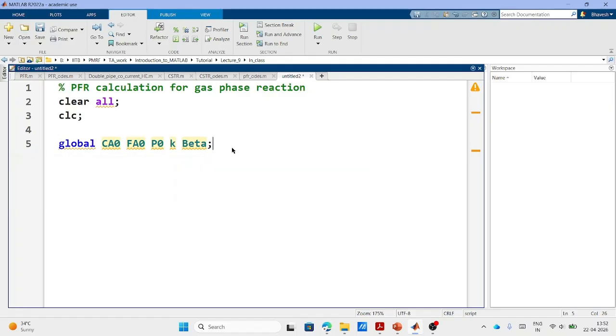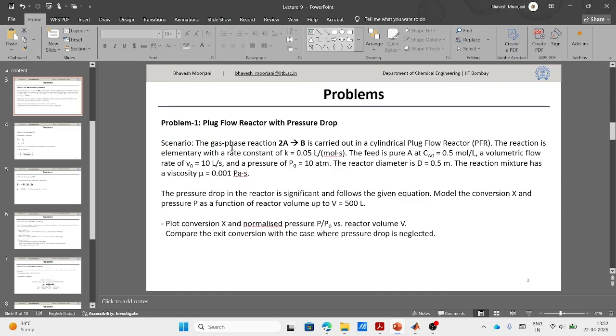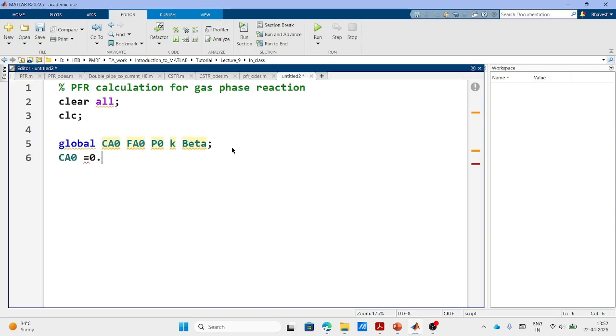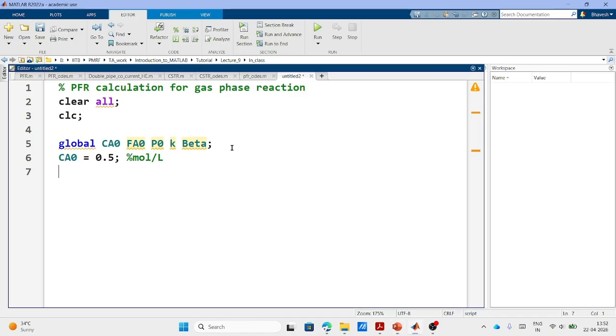Now I can define these values: CA0 as 0.5 mole per liter. Then you have P0 as 10 atmospheres.